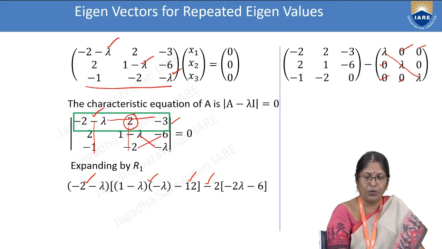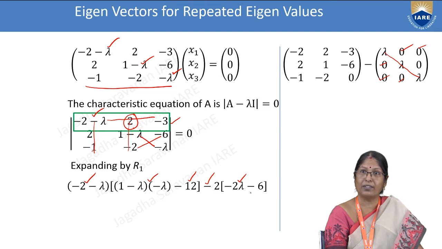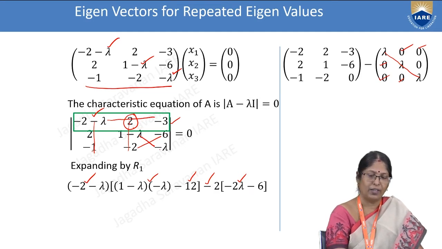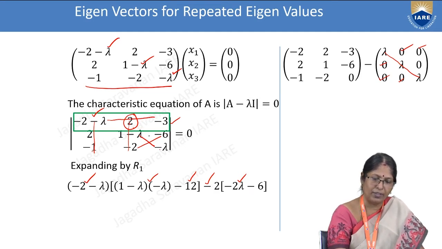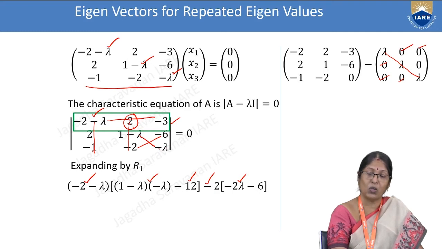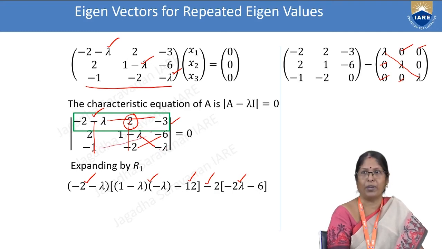So 2 into minus lambda is minus 2 lambda. Minus 1 into minus 6, we know it is plus 6. But how did we get minus 6 here? Because we know the cross multiplication is this into this, minus of this cross multiplication.